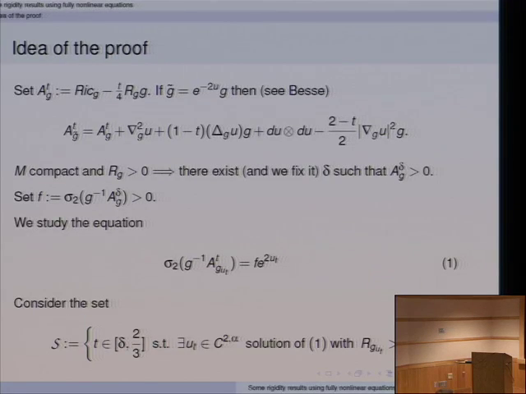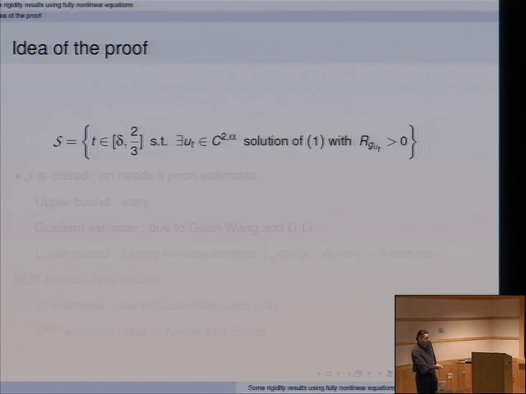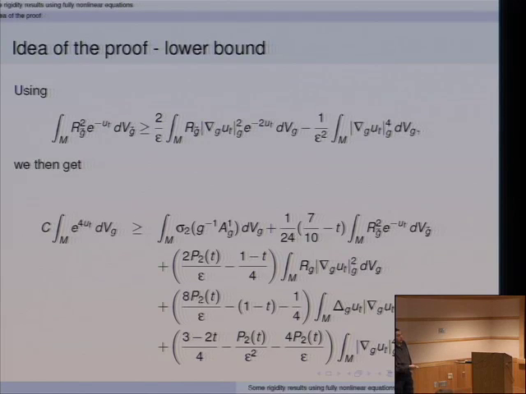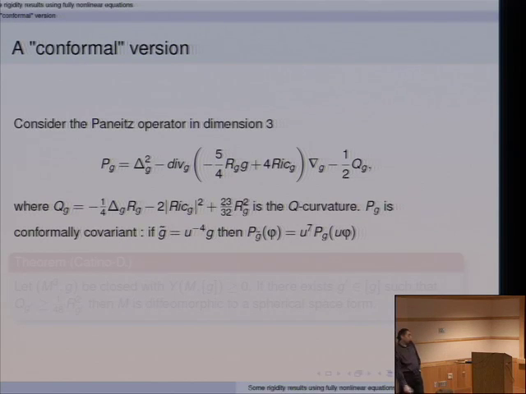And of course, we know that R of g_u at 2/3 is positive. We can use this fact and say that the metric g_u at 2/3 satisfies this, and then we use the Hamilton theorem. Okay. So this is the proof of this theorem.